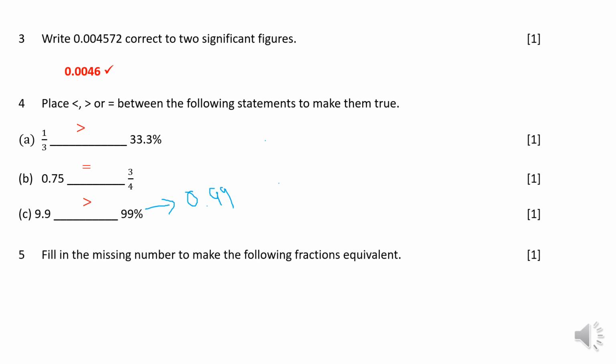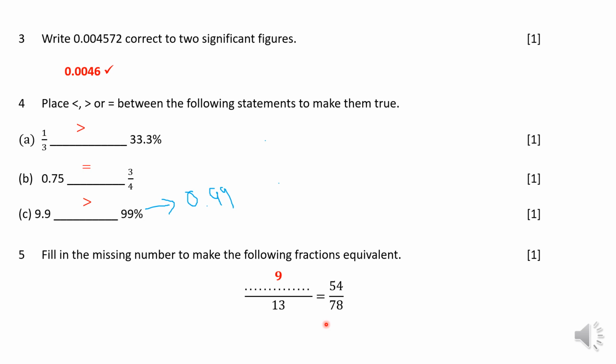Here's another one where you are supposed to fill in the missing number to make the fractions equivalent. You take your calculator and punch 54 over 78 to find what this number would be. Or you can divide 78 by 13 and subsequently find what that number is. In this particular case, the number is 9.